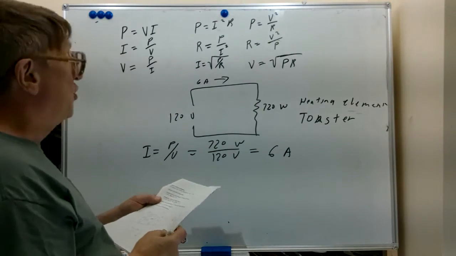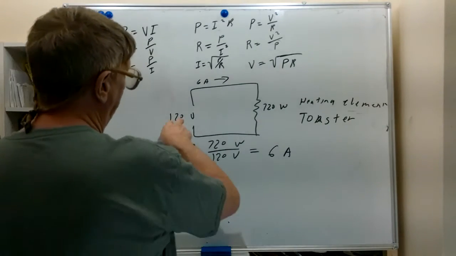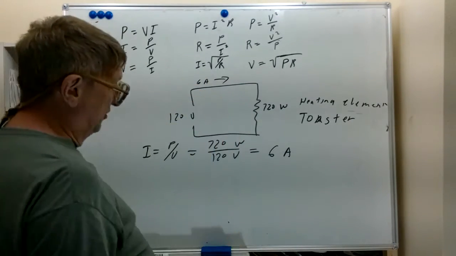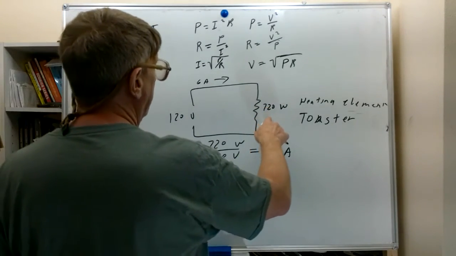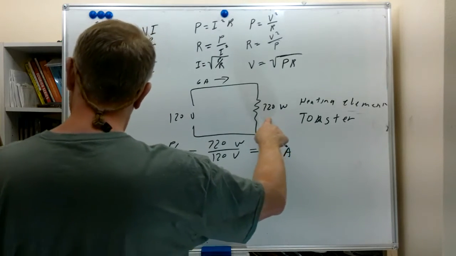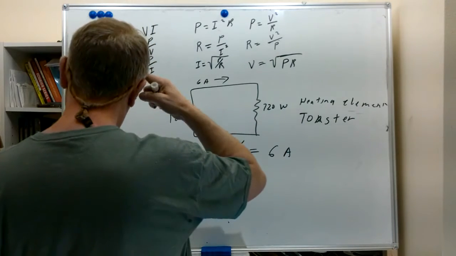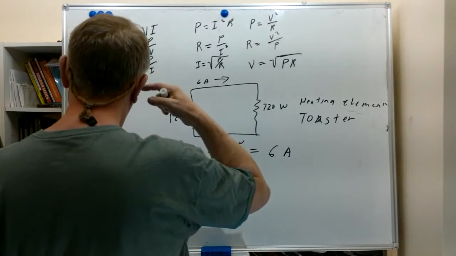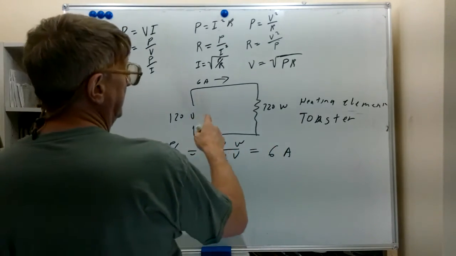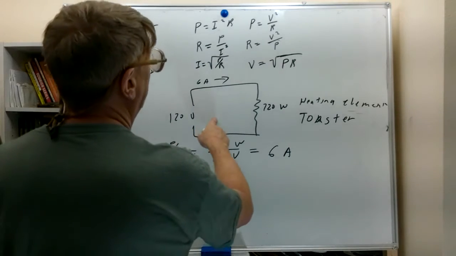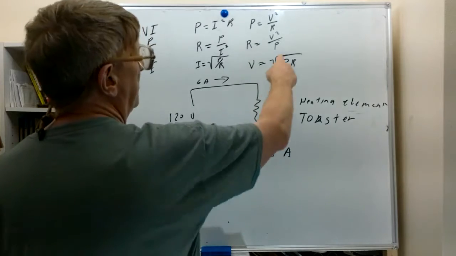Let's suppose we want to know the resistance of this heating element. Now we could use the voltage and the current in Ohm's law and get the resistance, but let's do it with a power formula. We want to find the resistance using voltage and wattage. So we have a formula for that. Resistance, here it is.